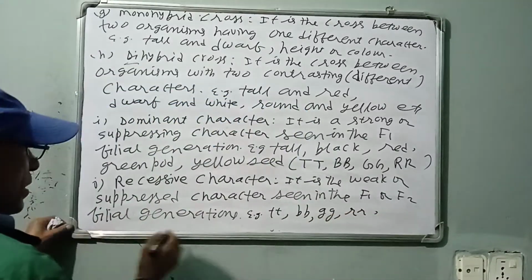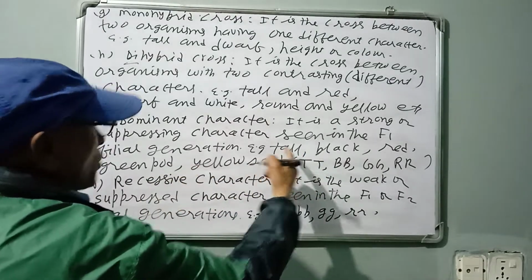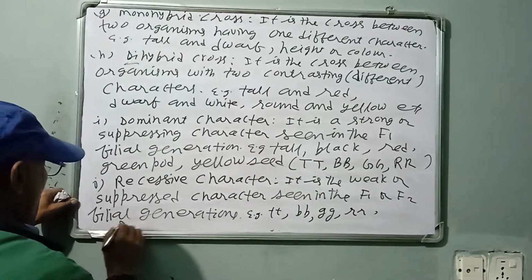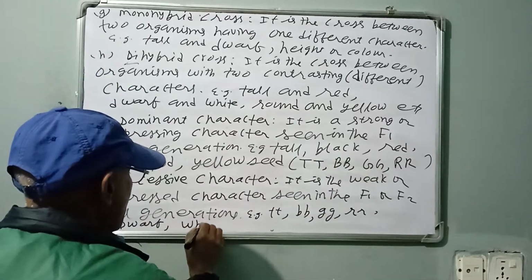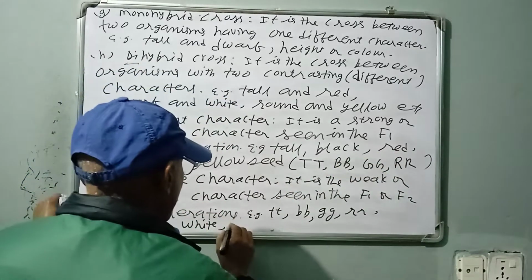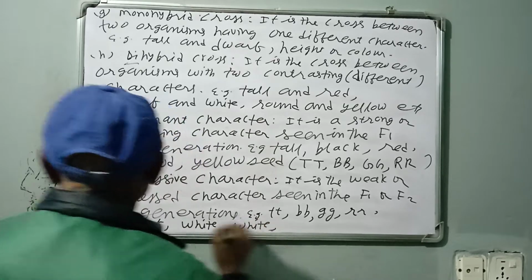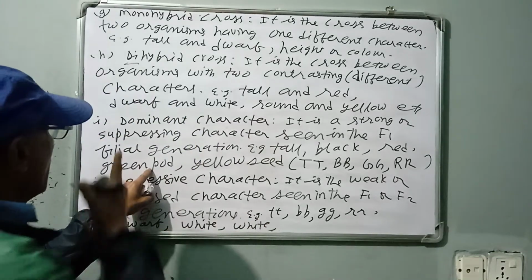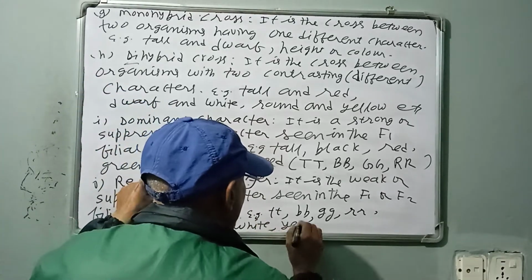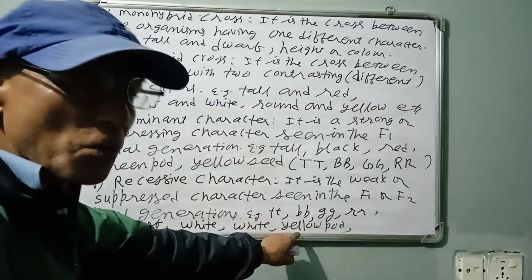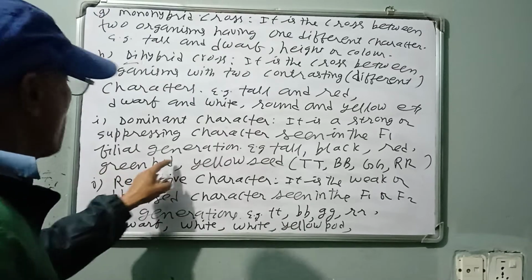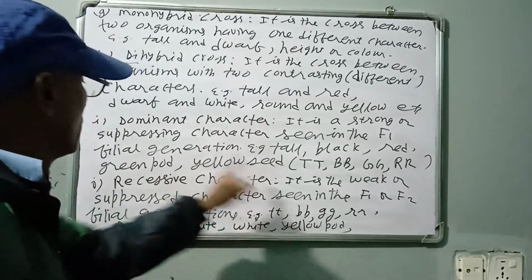For example, in tall we can write dwarf, black, white, red flower, white flower, green pod. See, green pod but yellow pod. Green pod is dominant, yellow pod is recessive.